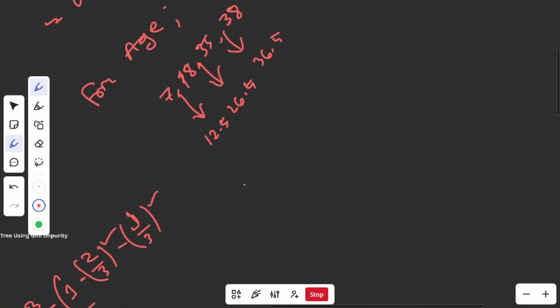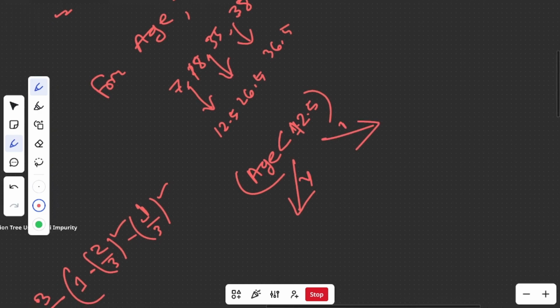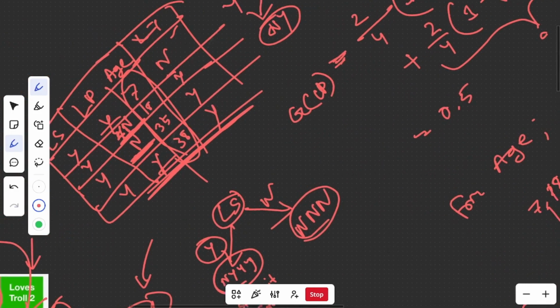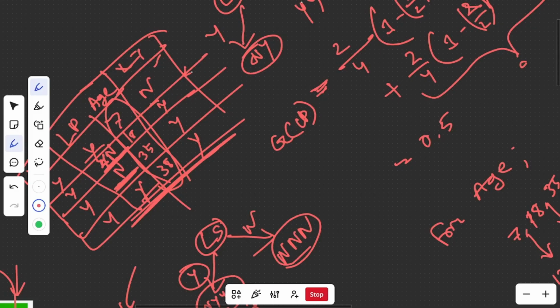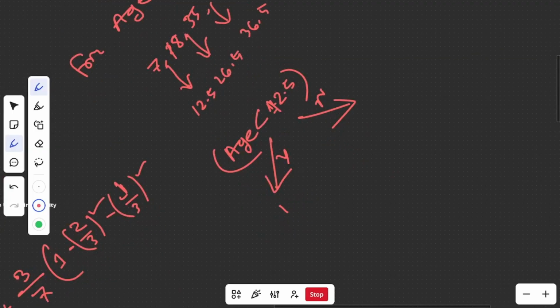Now we have to find the Gini impurity for age less than 12.5. What happens here? Yes, no. For 12.5, less than is no, and greater than is yes, yes, yes.